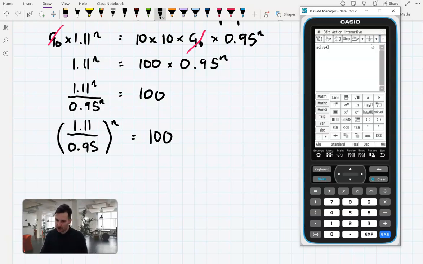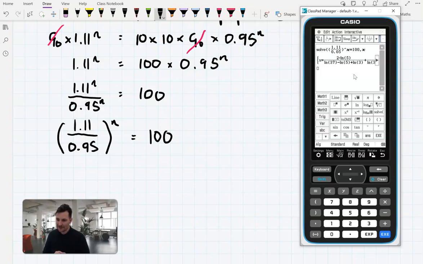So I want to do 1.11 over 0.95, and I want to raise that to the power x. I know it says n here, but it's convenient for us to use x on the ClassPad, so that's what I'll be doing. And that is equal to 100. And I want to solve that for x, obviously. Let's hit enter.